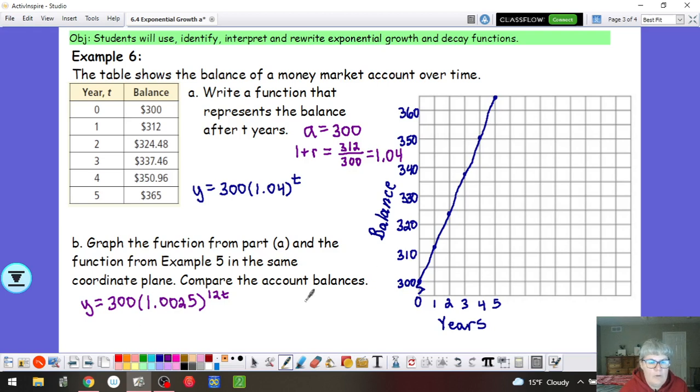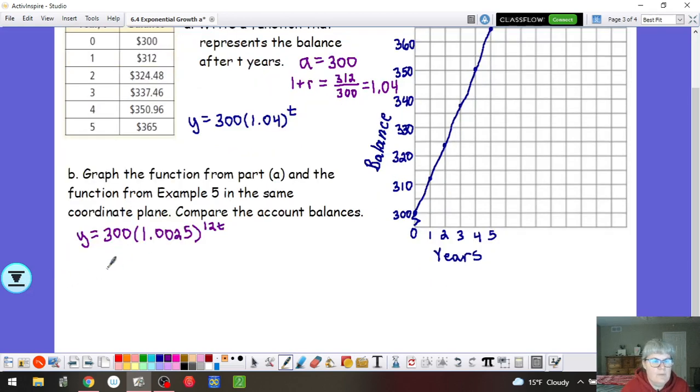So what I'm going to have to do is plug in my years for t and evaluate this. Let's start with year 0. We have that starting balance of 300.